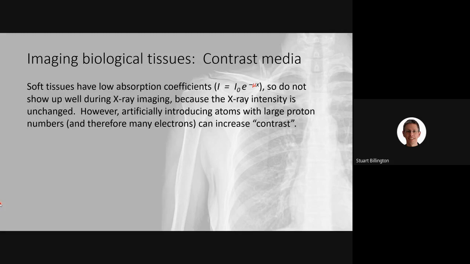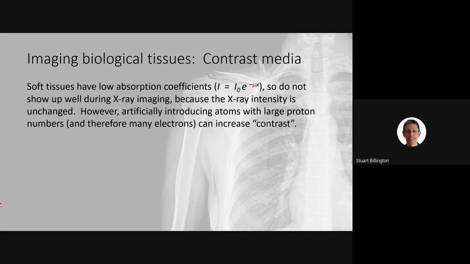All we need to do is help the human body to modify its mu. We need to take tissues that have a low absorption coefficient and manually inflate that coefficient. We need to do something to the human body to make it better at absorbing X-rays. Now, we can't actually do anything to the human tissues to make them better at absorbing X-rays, but we can fill them with a material artificially that is good at absorbing X-rays.